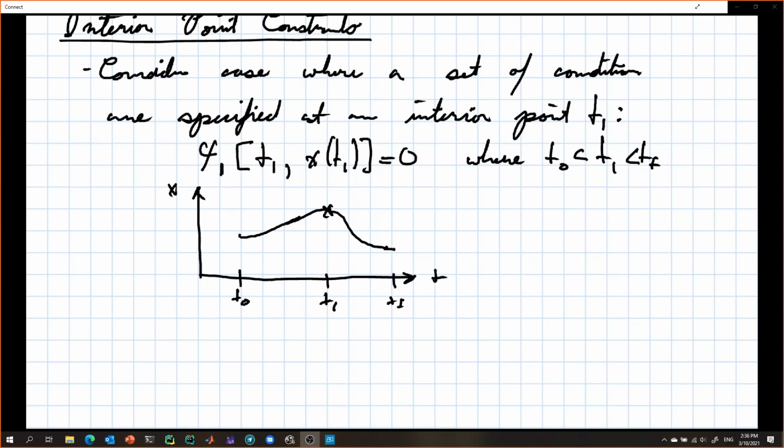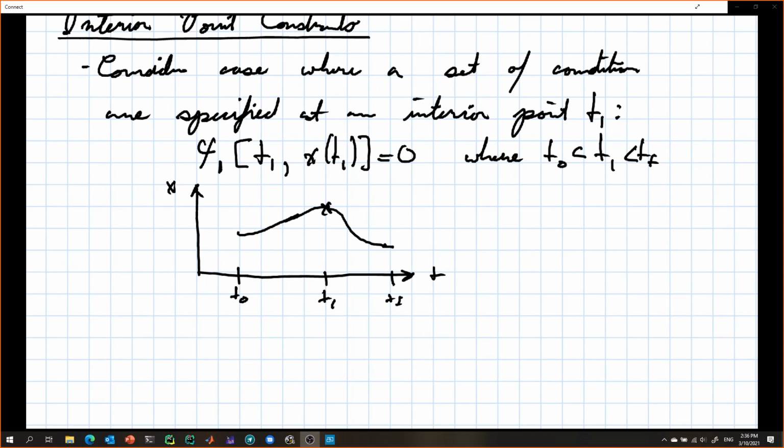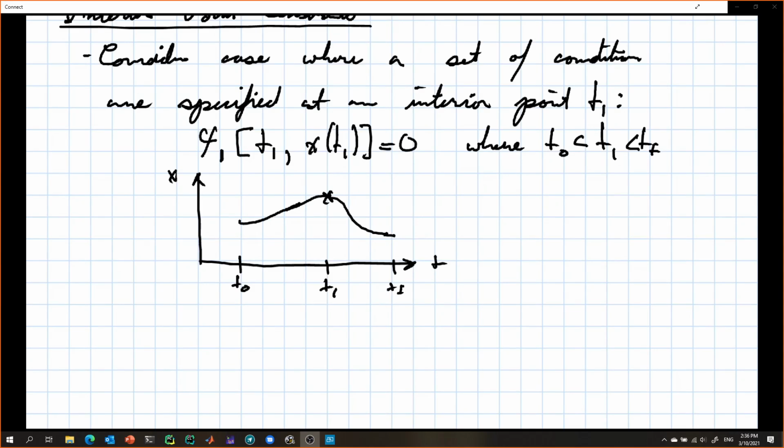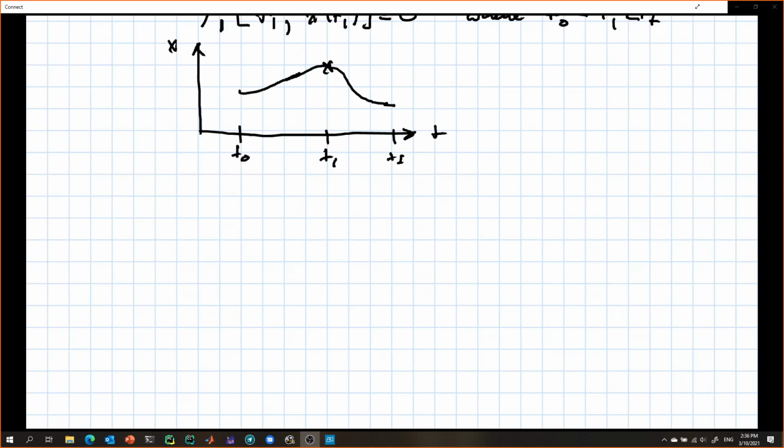This could get even more complex, and you can extend interior point constraints to problems with interior point costs, and then to problems with discontinuities in states that happen at interior points. But I won't really cover those.